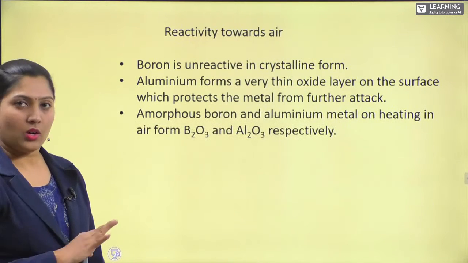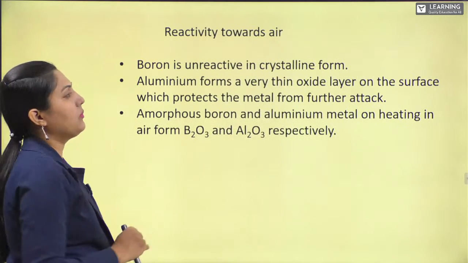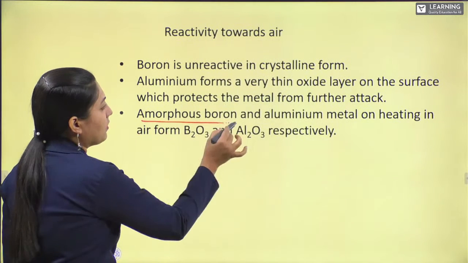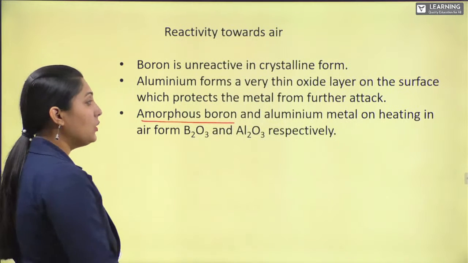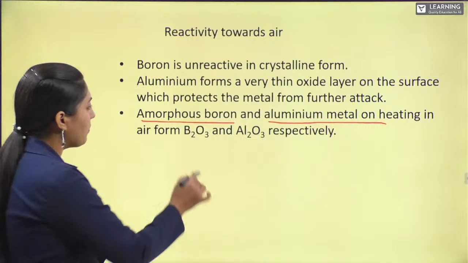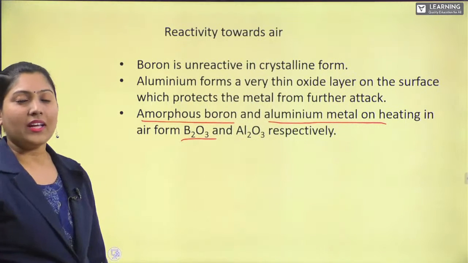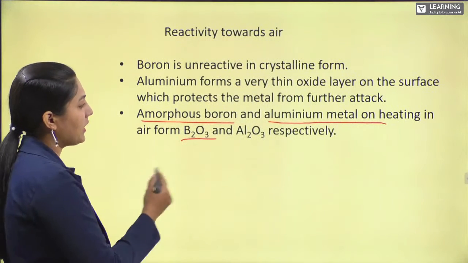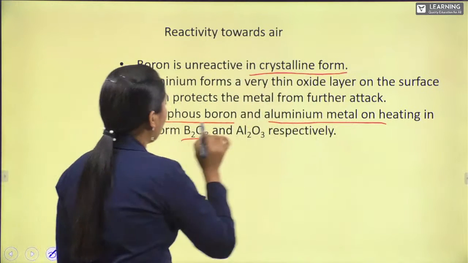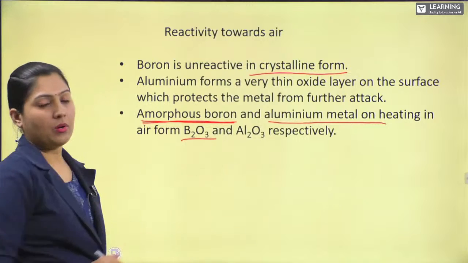So boron will not react with the air, whereas aluminium forms a thin oxide layer. Amorphous boron and aluminium metal on heating in air form trioxide of aluminium as well as boron. You need to remember, here it is crystalline form, here it is amorphous form.